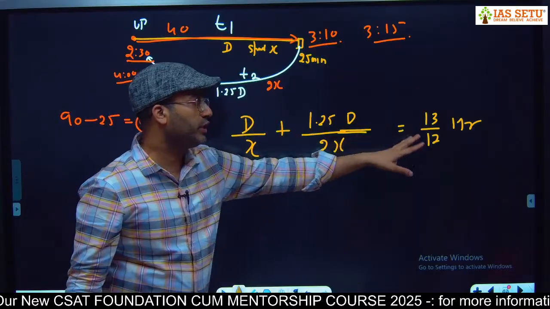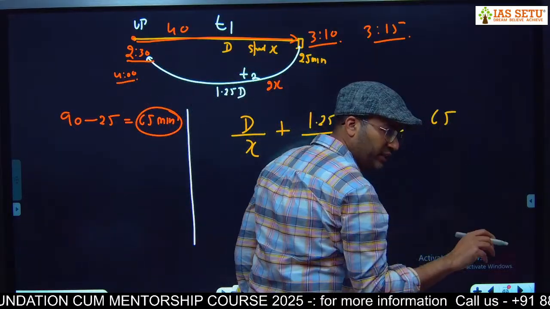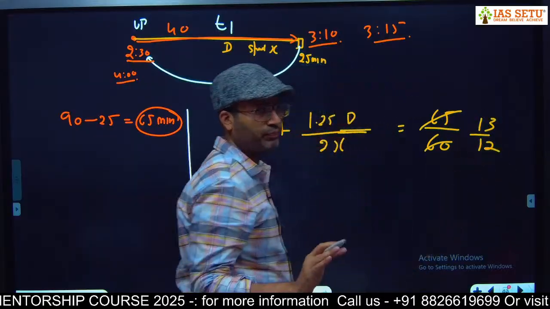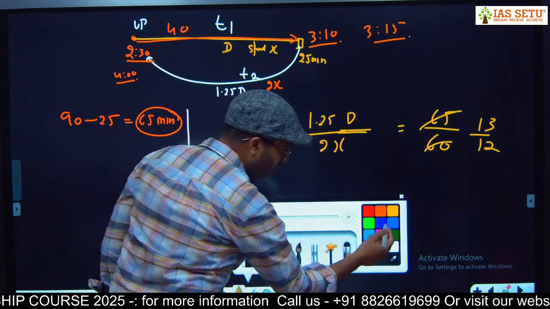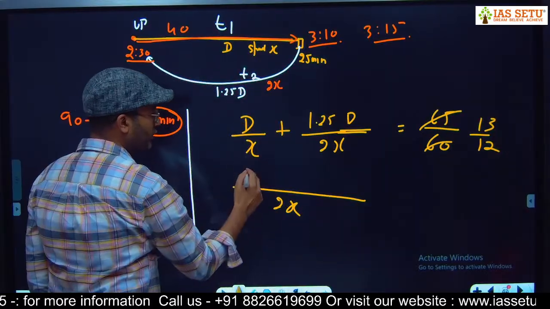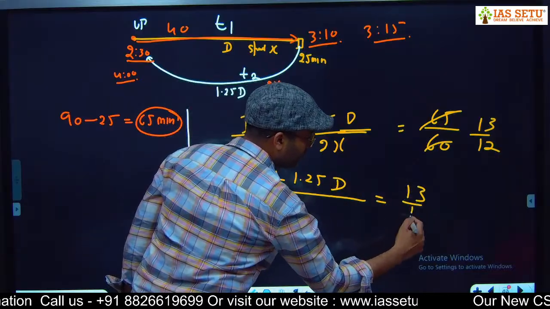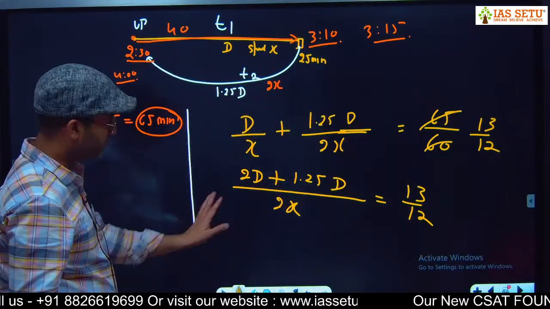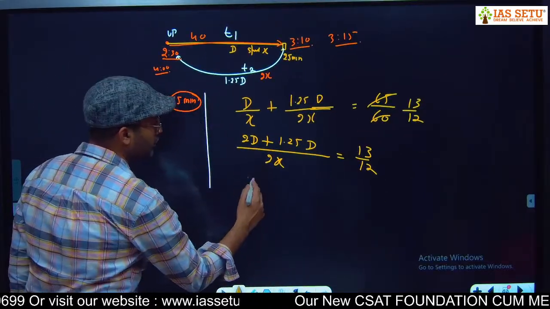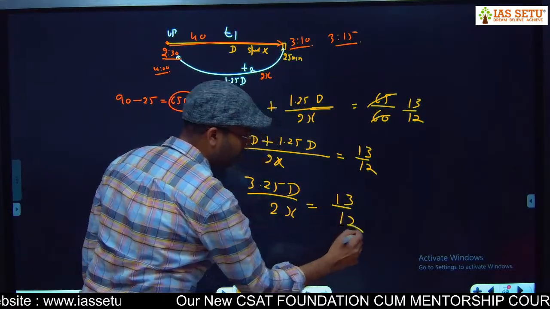Okay. So here this is 65 minutes. If you have to convert minutes to hours, you have to divide it by 60, divided by 5, it is 13 by 12. Now what you do, you take 2x, so it is d upon x plus 1.25d upon 2x is equal to 13/12. ठीक है, अब इसको सॉल्व करते हैं, क्या आ जाएगा 3.25d upon 2x is equal to 13/12.